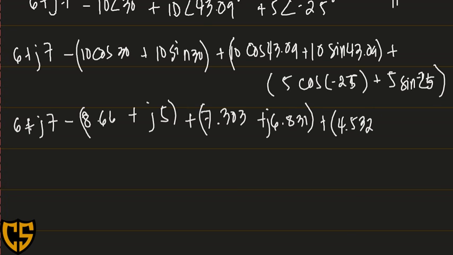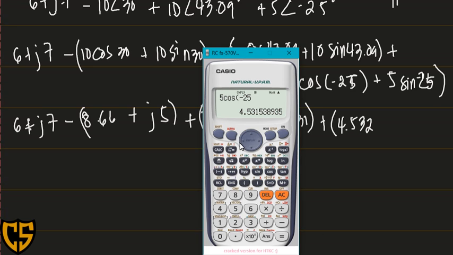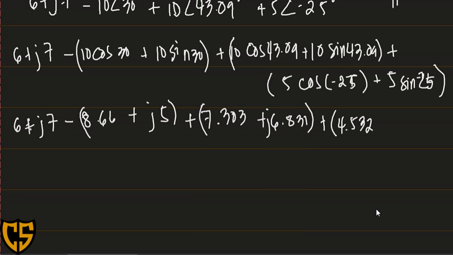Then 5 sine negative 25, replacing the cosine with the sine function, our answer is negative 2.113. So minus j times 2.113.